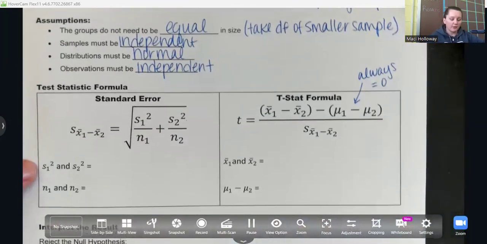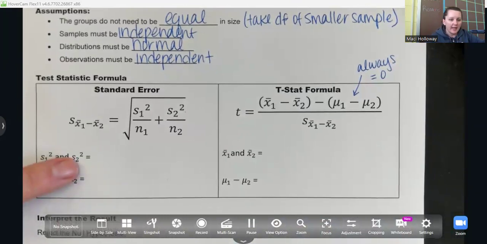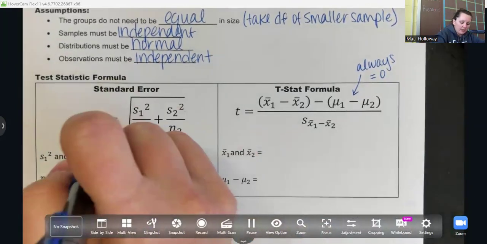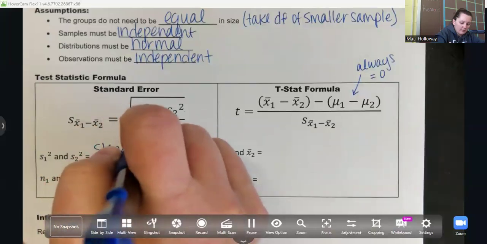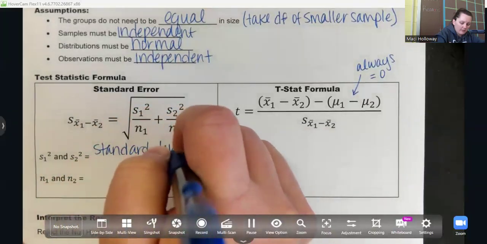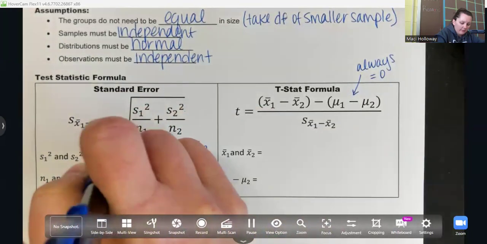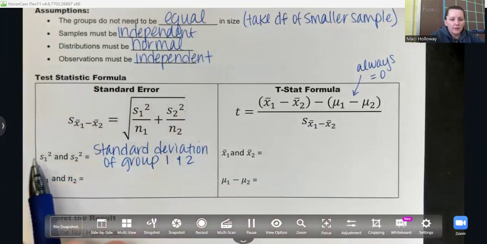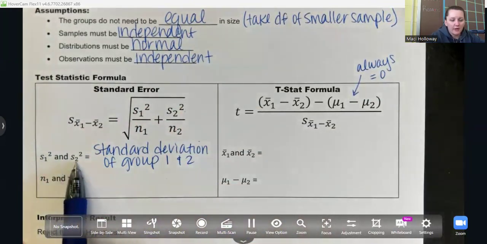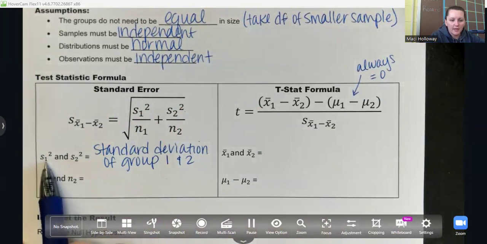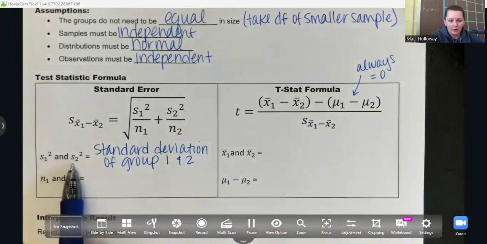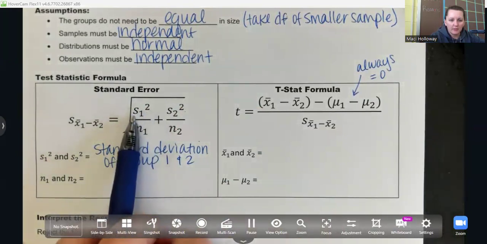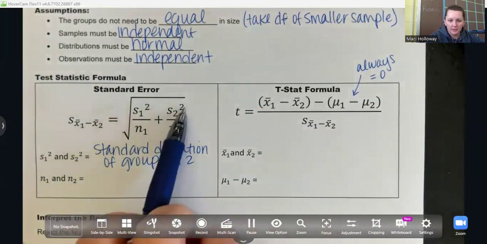All right, so what do these values mean? S1 and S2 are the standard deviation of group 1 and 2. These subscripts just signify which group it is. If this is group X and this is group Y, it's just naming the groups. And this is obviously your squared symbol, so when you put the standard deviation in here, you square each of the standard deviations.